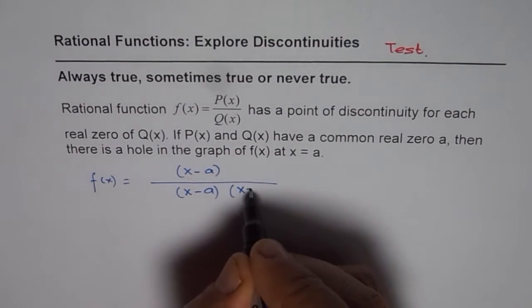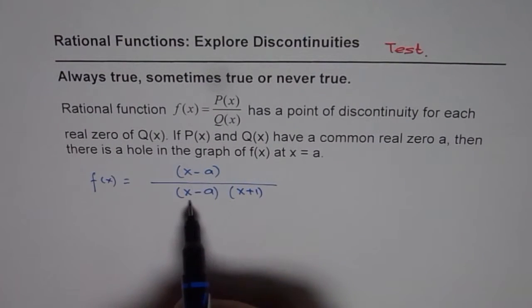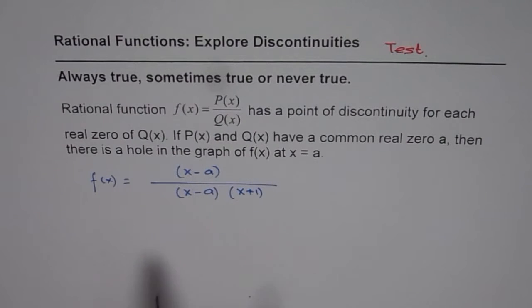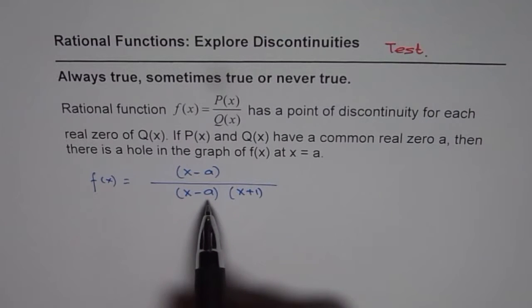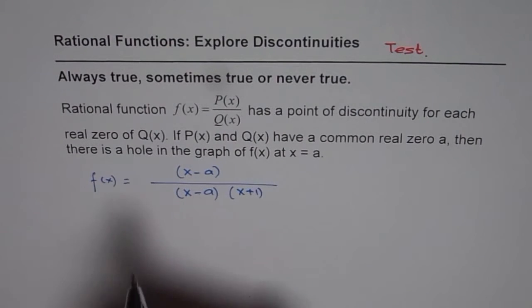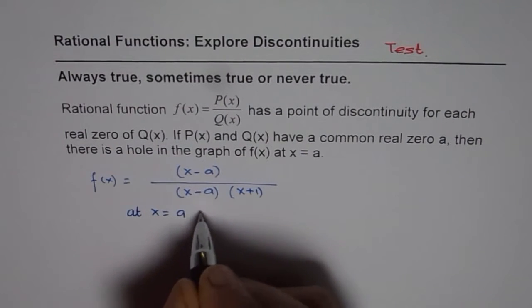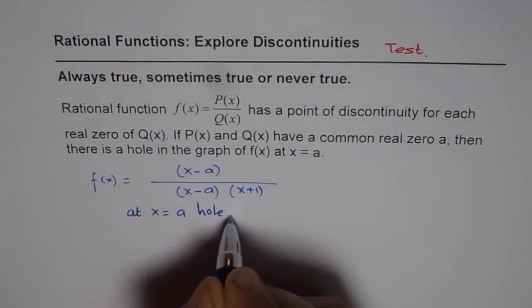So let's say there is another factor, it doesn't matter, but that results in a hole. Is it always true, sometimes true, or never true? It looks like true here, right? There's a hole. There's a vertical asymptote at -1, but at x equals a, we do have a hole, right?